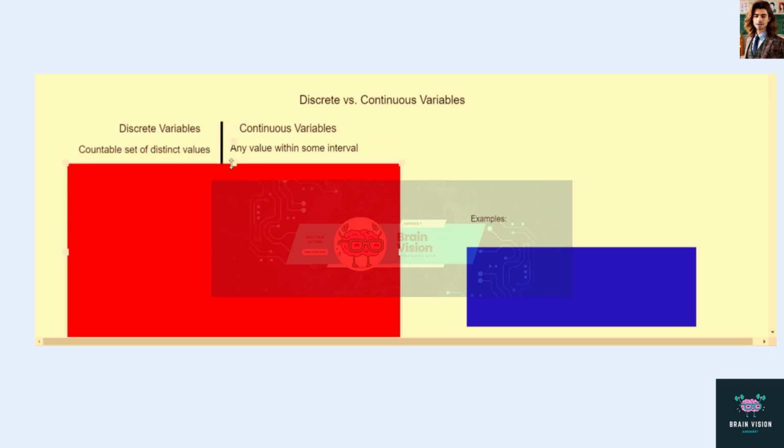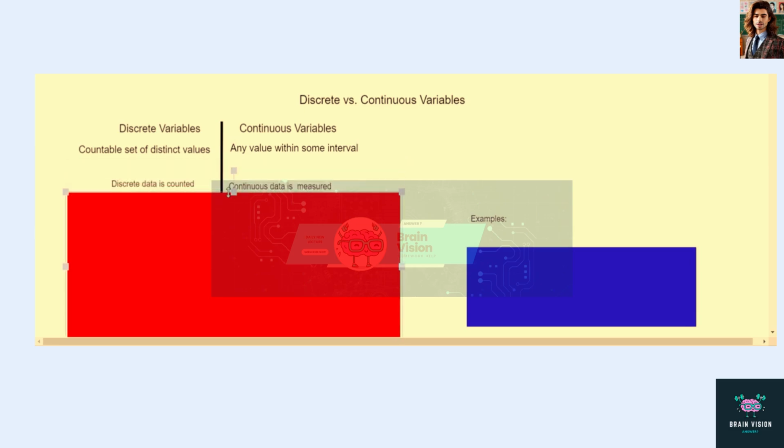So, to start with, discrete variables are countable sets of distinct values, whereas any value within some interval can be continuous variables. Based on this, we know that discrete data is counted, whereas continuous data is measured.